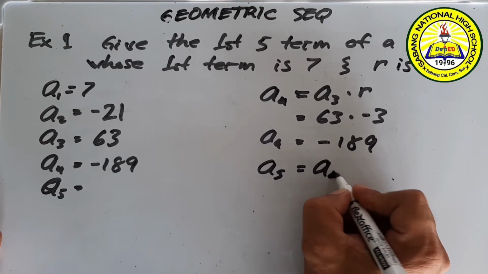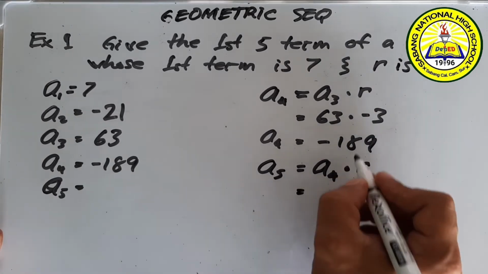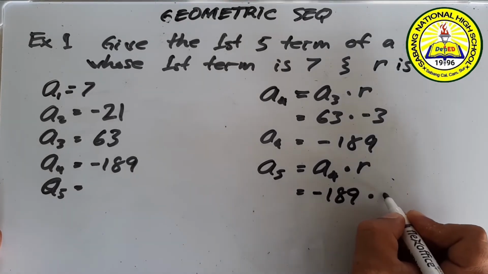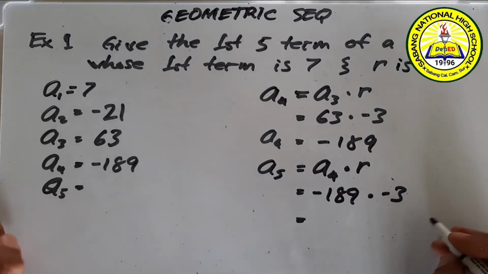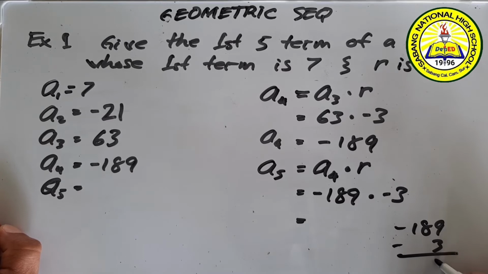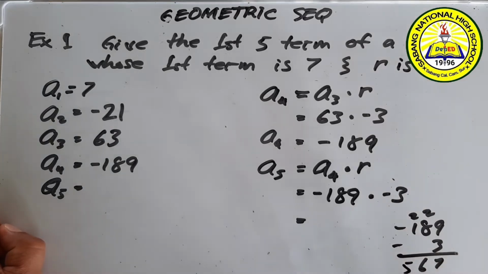And lastly, the fifth term, a sub 5, is equal to a sub 4 times the common ratio, since 5 minus 1 is 4. A sub 4, based on our computation, is negative 189 times the common ratio, negative 3. So we just multiply 189 times 3. 9 times 3 is 27. 8 times 3 is 24, plus 2 is 26. 3 times 1 is 3, so 567.